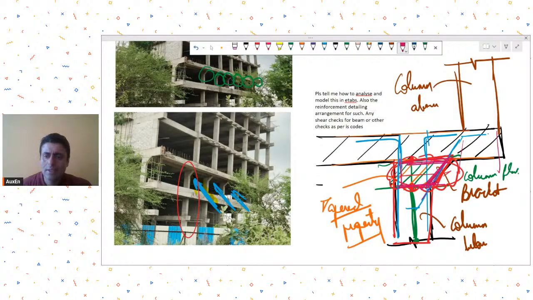Just that the detailing has to be done with more caution. Let me just delete and make the detailing arrangement again.